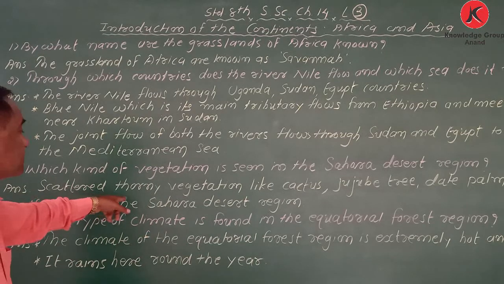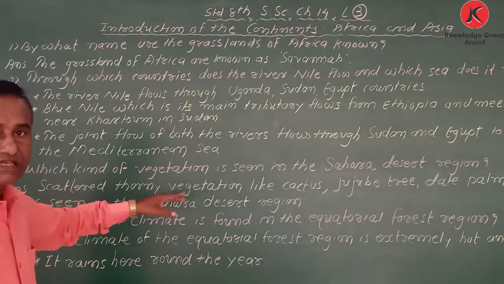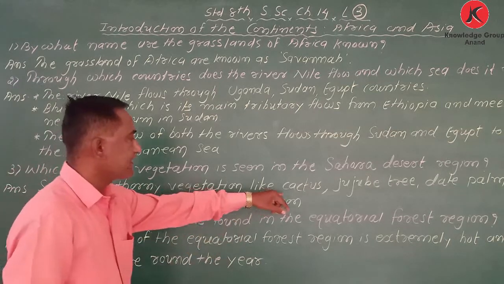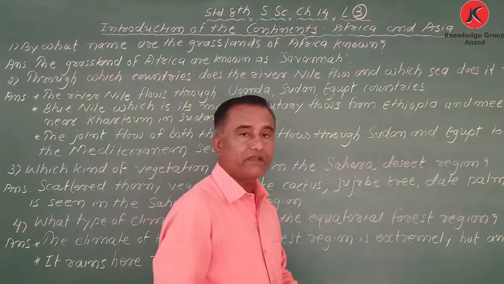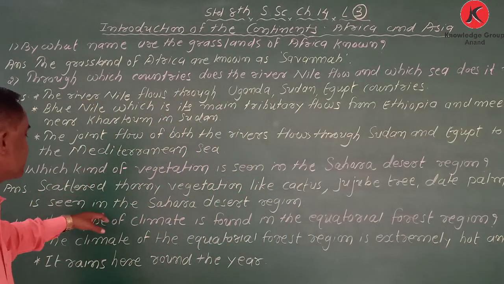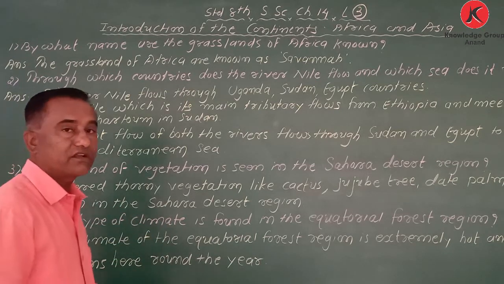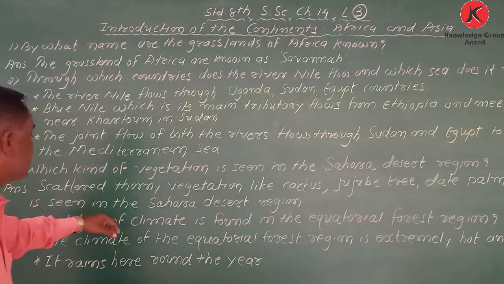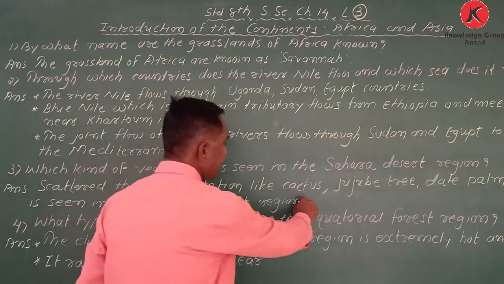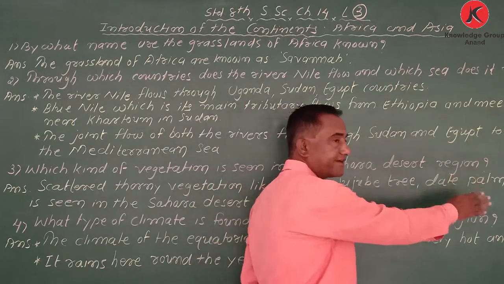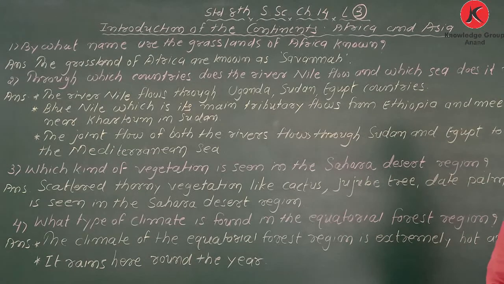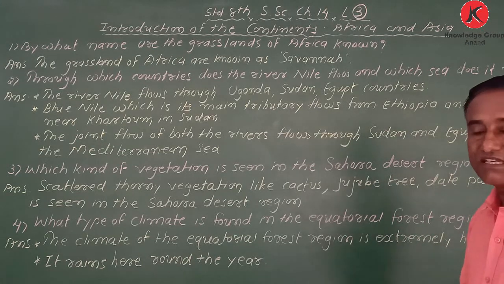Answer: scattered thorny vegetation like cactus, jujube tree, date palm, etc. are seen in the Sahara desert region. Once again, cactus, jujube, date palm, and these are thorny. So my dear student, in a desert we know thorny vegetation is seen.